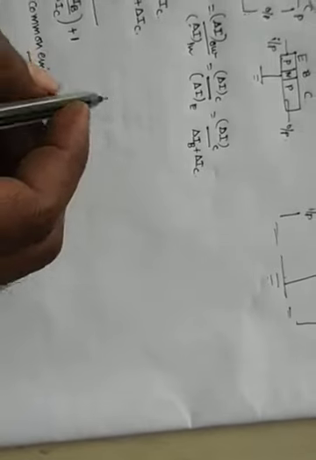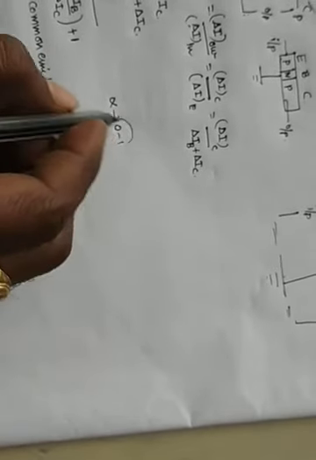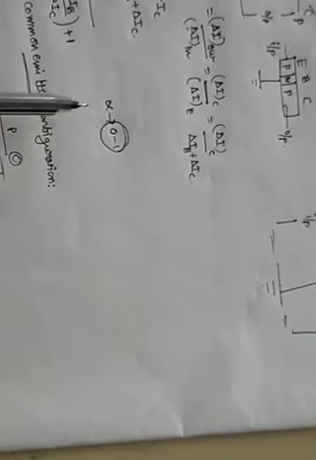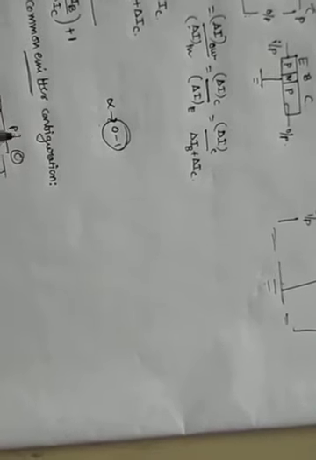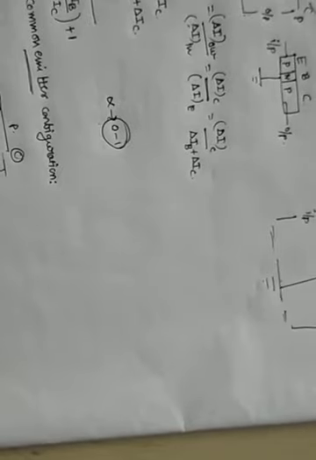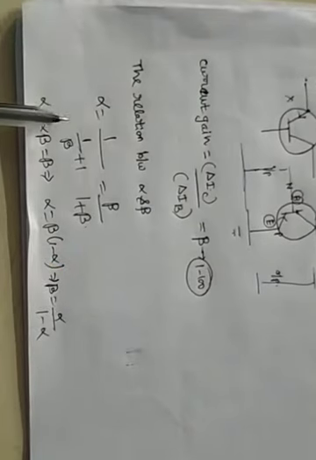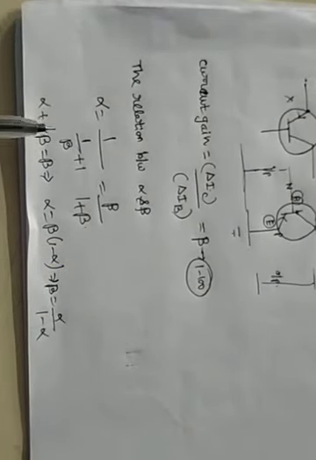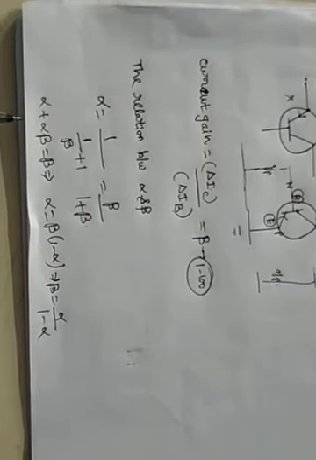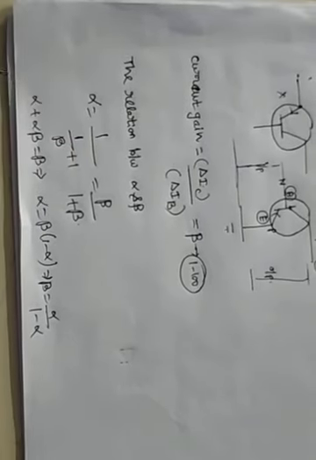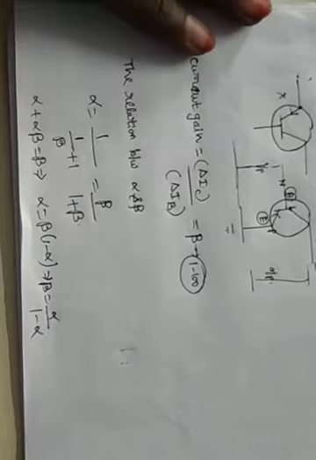If it is from 0 to 1, then you should treat it as alpha. So if you want to relate alpha and beta, use this formula. From that you will get the current gain as well as voltage gain as well as power gain.